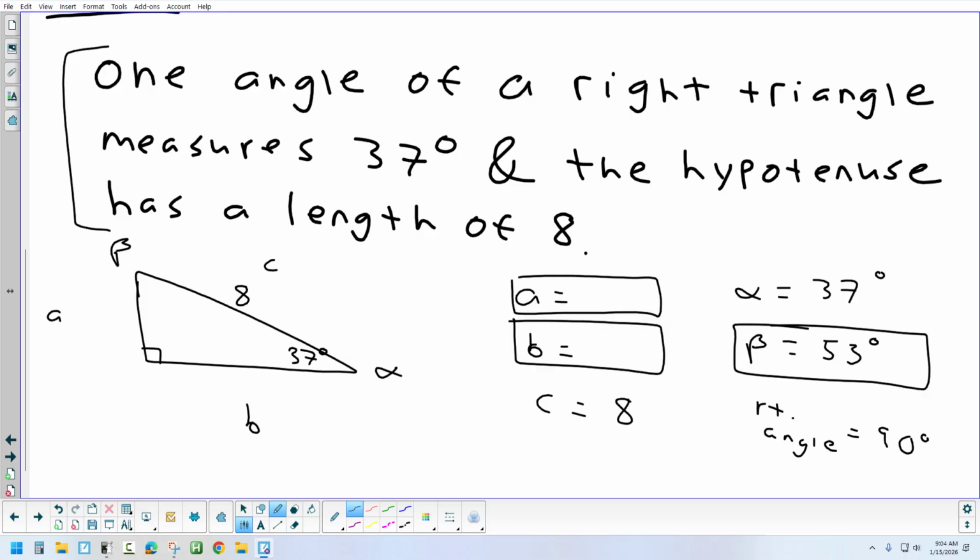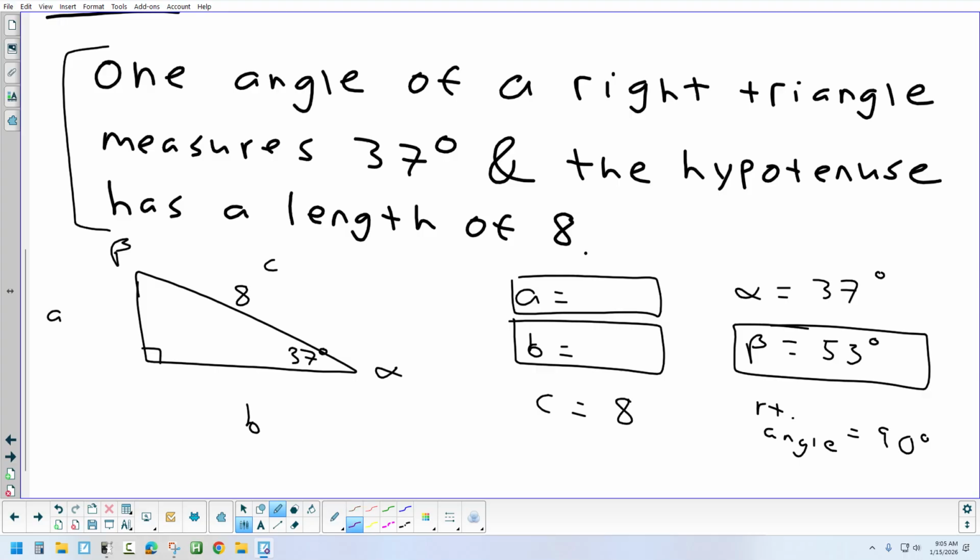Right. I know that that answer is right. If I use beta, and I got beta wrong, then you're going to get everything else wrong. So in these problems, don't use anything that you calculate to figure out something else, because then it could be a chain reaction of getting things wrong. Always go back to what was given. And in a right triangle, you can always do that. When we're dealing with things that are not right triangles, that's a different scenario, okay? But for now, always use what was given.